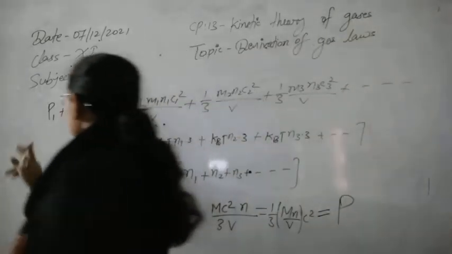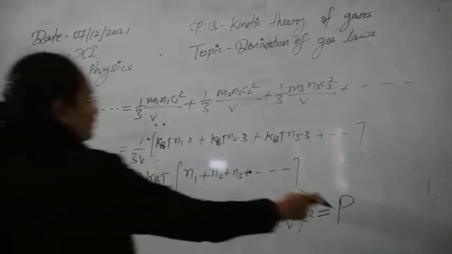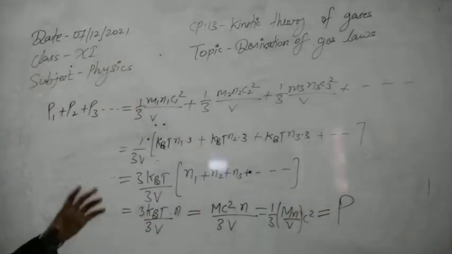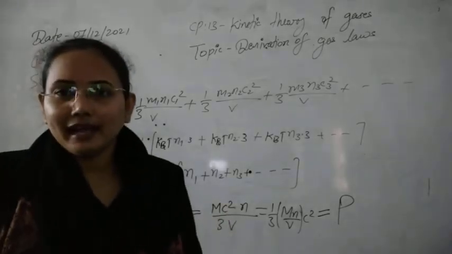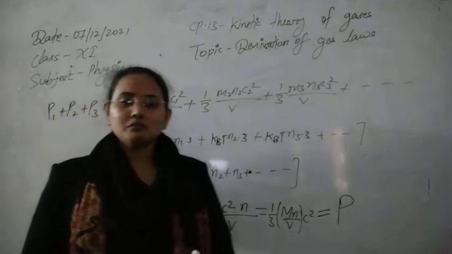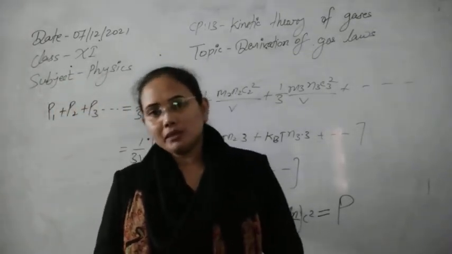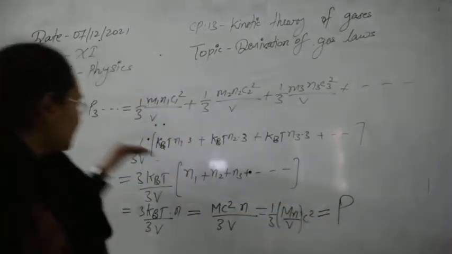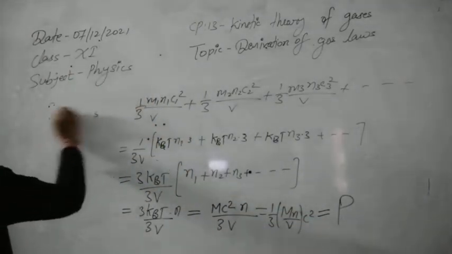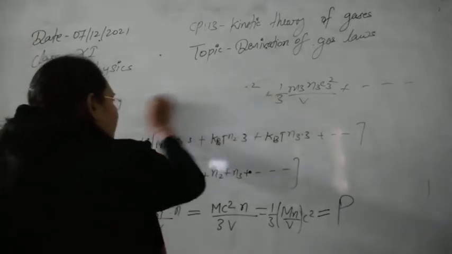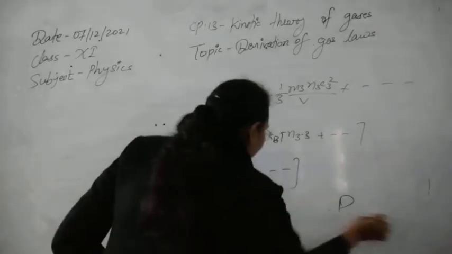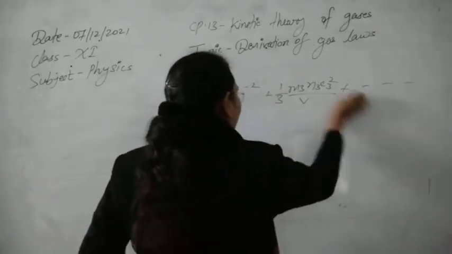So we can now see P1 plus P2 plus P3 is equal to finally P, and this was Dalton's law. Dalton's law says that if we mix non-reactive ideal gases together, the sum of their individual pressures should be equal to the pressure of the mixture of the gas, and that we have seen from here. So this is easily derived by using the pressure exerted by the gas, or the kinetic theory of gases.